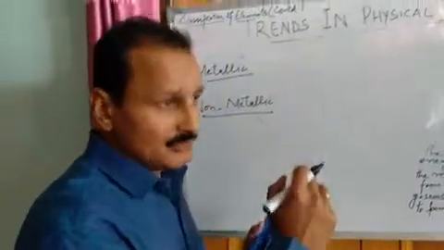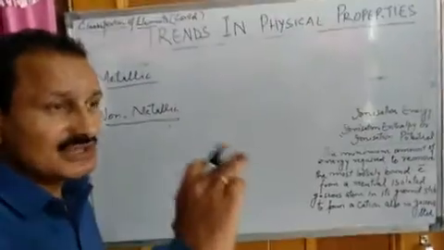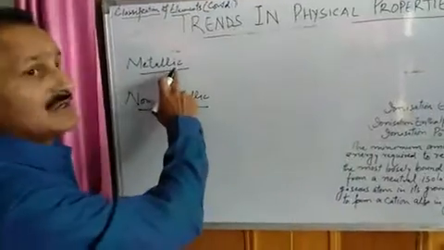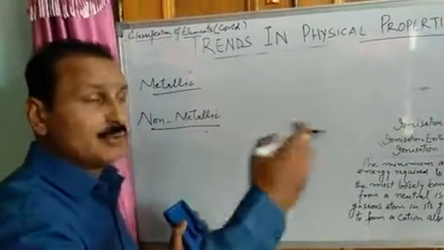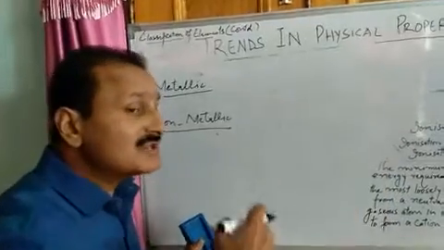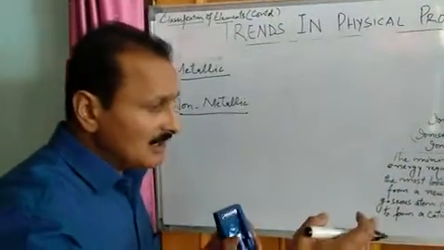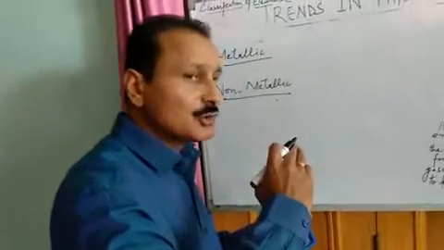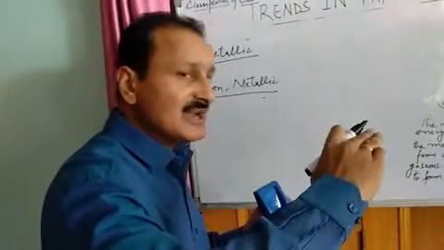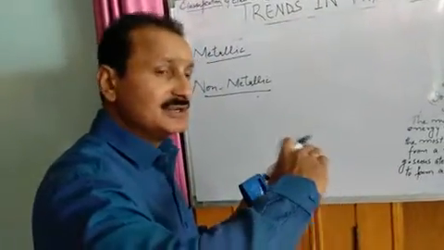Now, as we know, from left to right, metallic character shows a decreasing trend. So metallic character very clearly, from left to right when we move in a period, shows a decreasing trend.